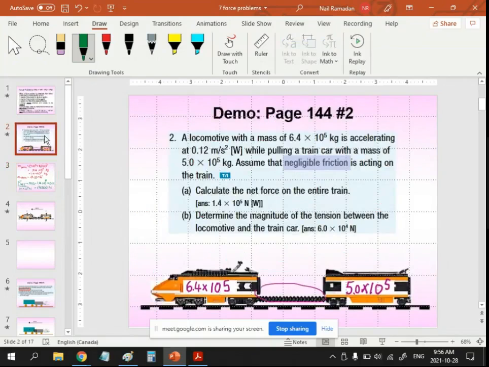What's question B? Determine the magnitude of what? Okay. By the way, question. Why do you think an engineer or a manufacturer needs to know the amount of tension in that connection mechanism?